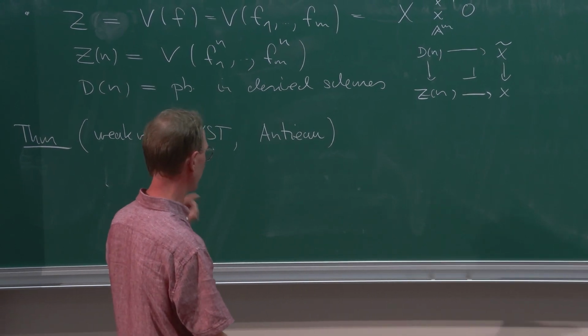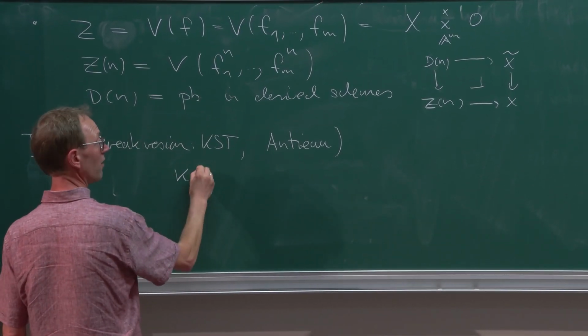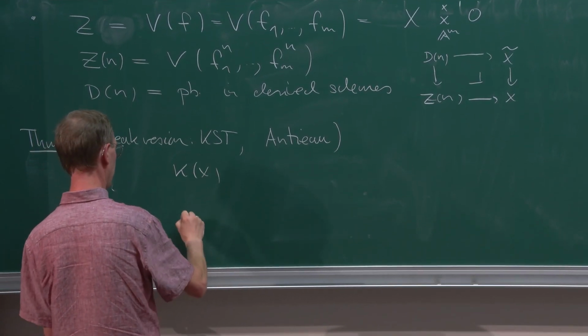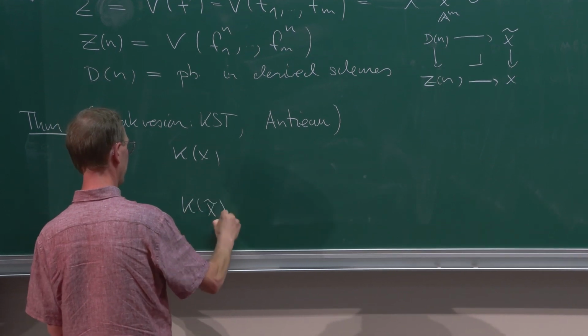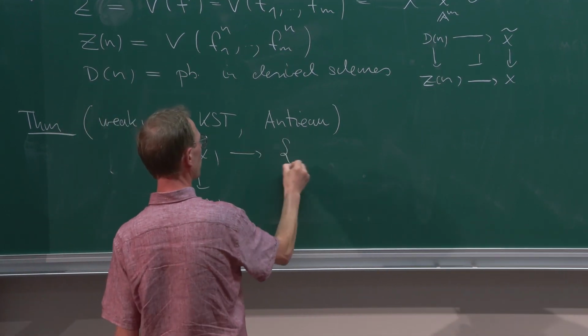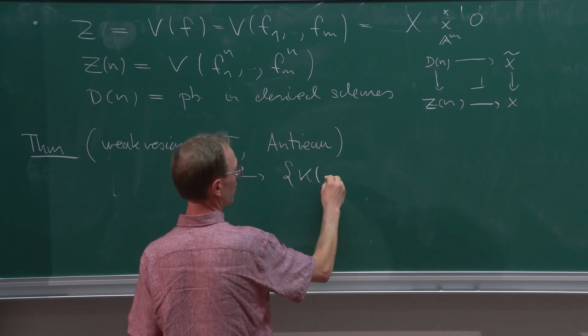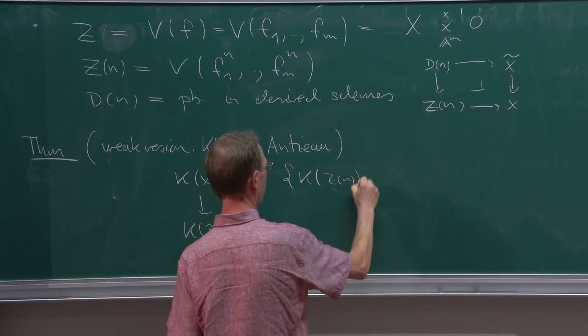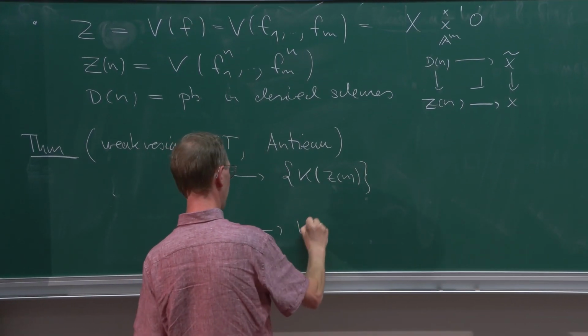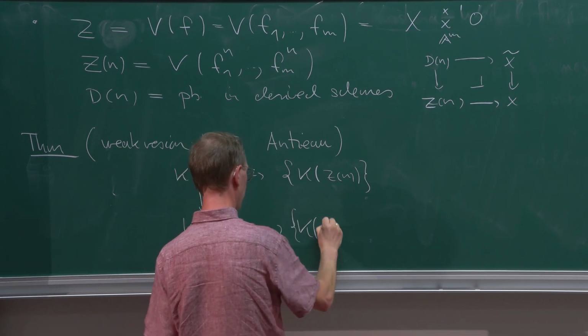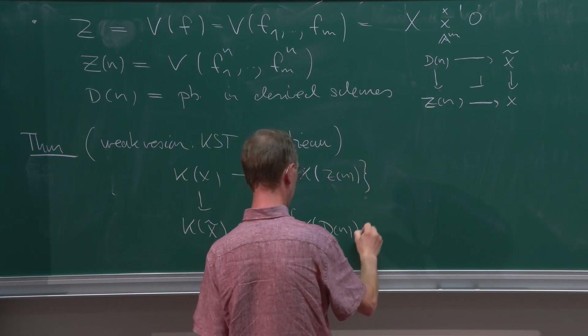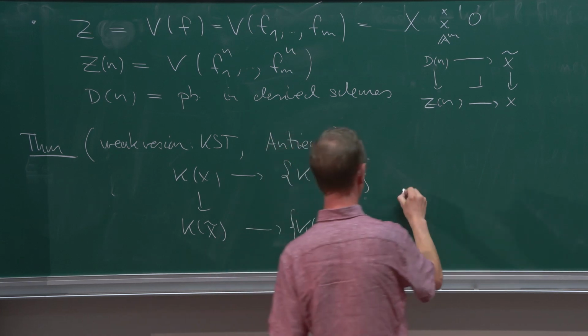If you look at the square K of X, then K of X tilde, and then here the pro-system K of Zn and K of Dn, this is Cartesian.